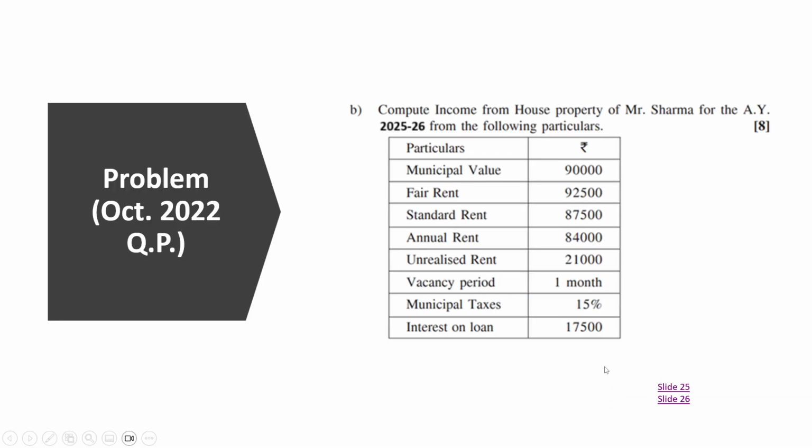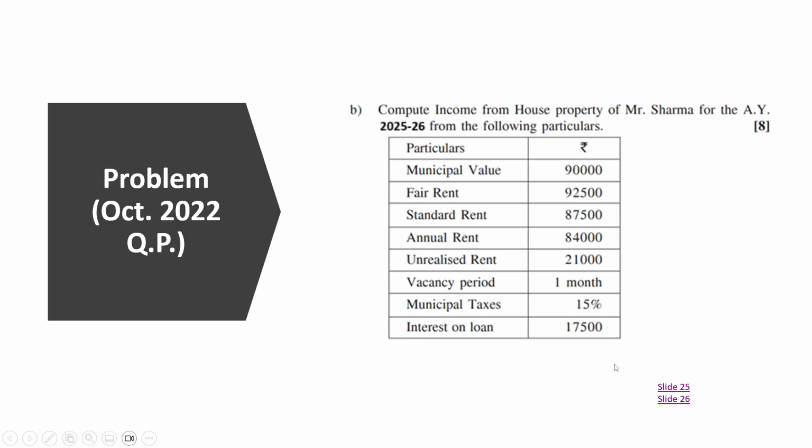For calculation of the gross annual value, first of all we have to find out the reasonable expected rent. For that we have to compare the municipal value and fair rent, and find out whichever is higher. In the problem, municipal value is 90,000 and the fair rent is 92,500.